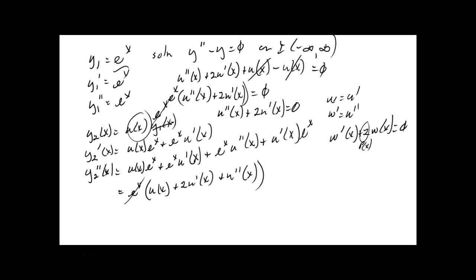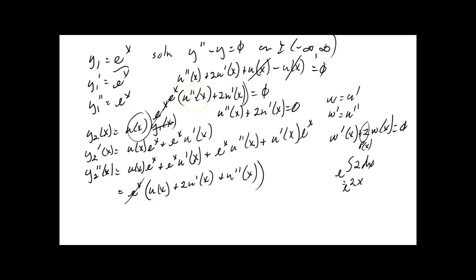Okay? We integrated the p of x, so integral of 2 dx would be what? 2x, right? What did we do with it? We did e to the 2, so this would be e to the 2x. That's our integrating factor, e to the 2x.